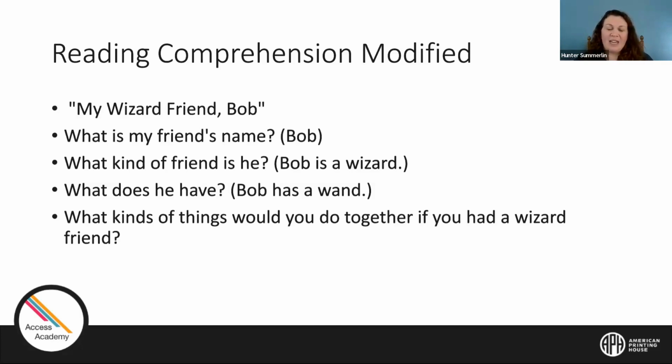What is my friend's name? Bob. What kind of friend is he? Bob is a wizard. What does he have? Bob has a wand. And then if we wanted to do reading comprehension activities, we could not only ask these questions for the story that we made up, but we could also ask a question such as, what kinds of things would you do together if you had a wizard friend?